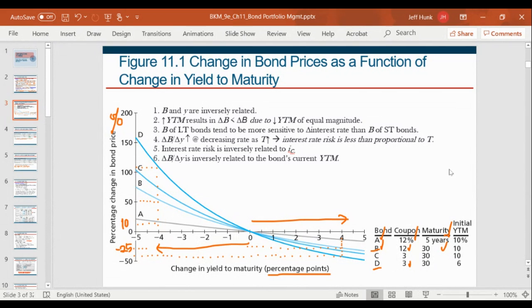So when interest rate goes down, all of those coupons, received over a long 30 years, not just 5 years, all these coupons weigh in a lot, right? That's how.